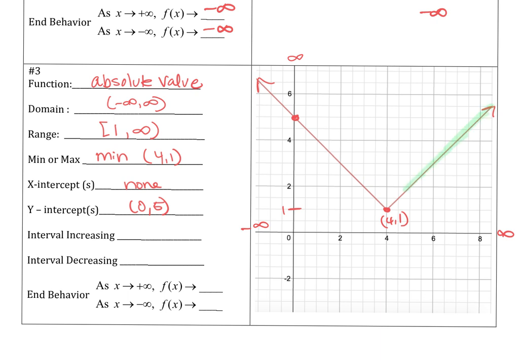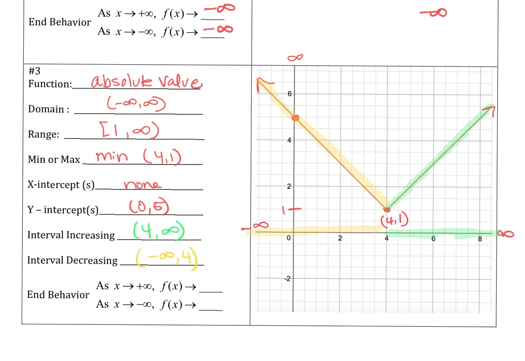This is where my graph is increasing, and these are the x values where that's happening, so I'm going to write from 4 to infinity. And this is where my graph is decreasing, left to right, and this is the x interval where it's happening, so I'm going to write negative infinity to 4.